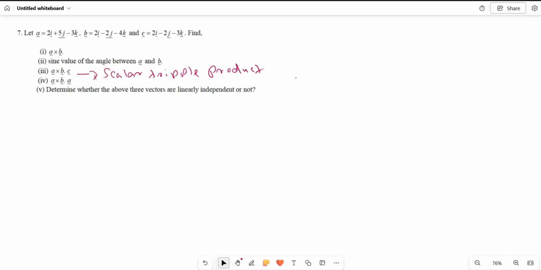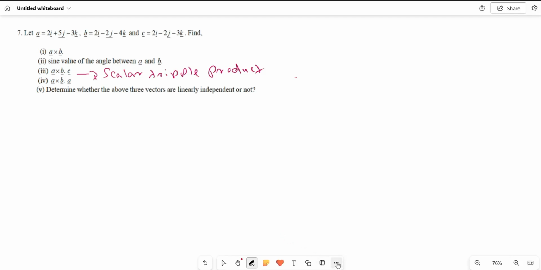When these 3D vectors come together like this, the scalar triple product generates a parallelepiped. A parallelepiped is the solid object relevant to the parallelogram. You know that if it is a rectangle, the corresponding solid object is the cuboid. For a square it is a cube, and in the same manner for a parallelogram it is a parallelepiped. So the scalar triple product gives you the volume of that parallelepiped.